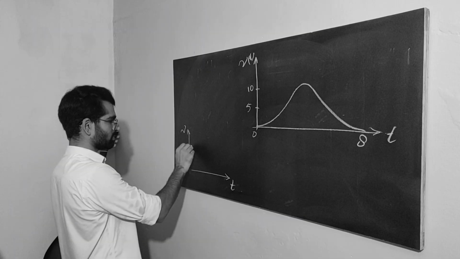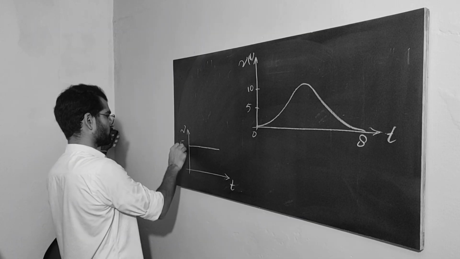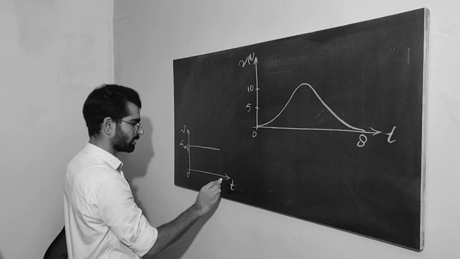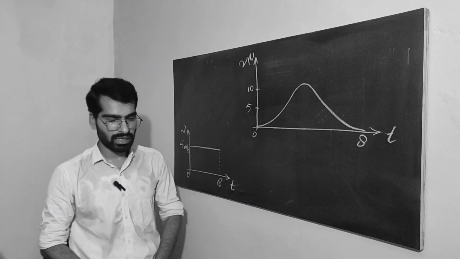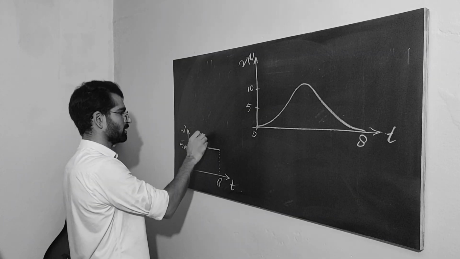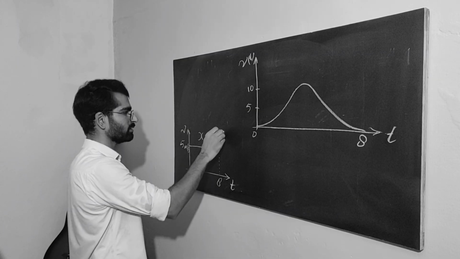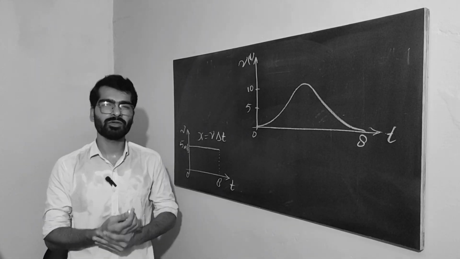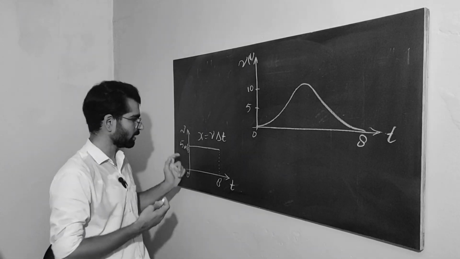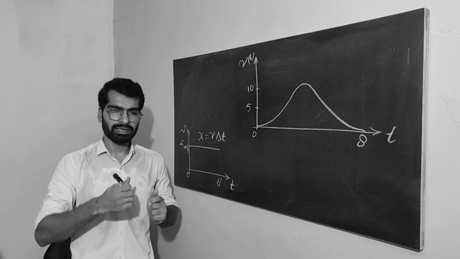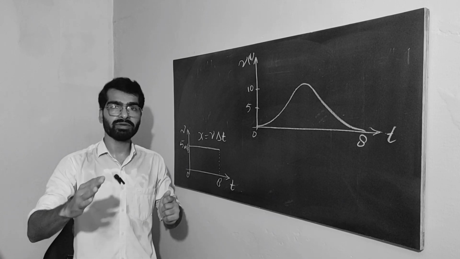Maybe that constant could be 5 meters per second, and it goes from 0 to 8 seconds. Then what is the distance traveled by this car? It is going to be v times delta t. Right? You are moving with the speed of 5 meters per second, and you have been moving for 8 seconds. Each second you cover 5 meters.